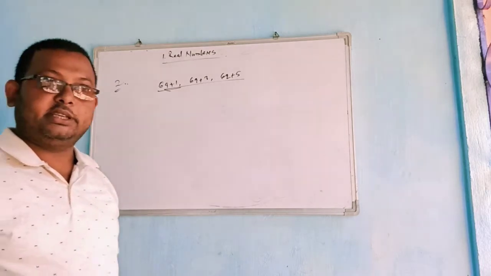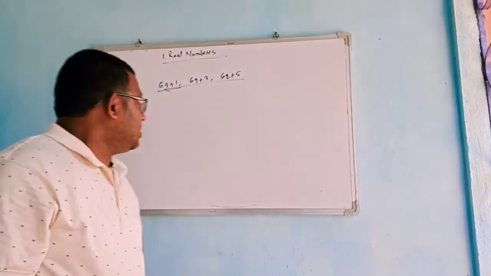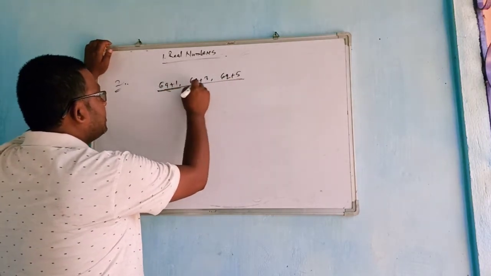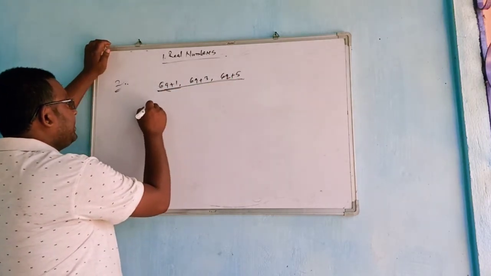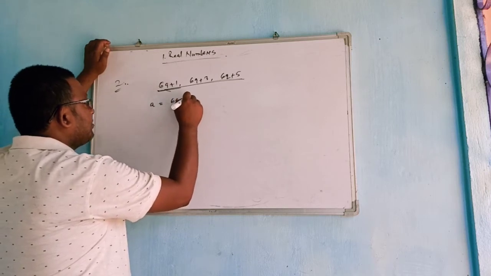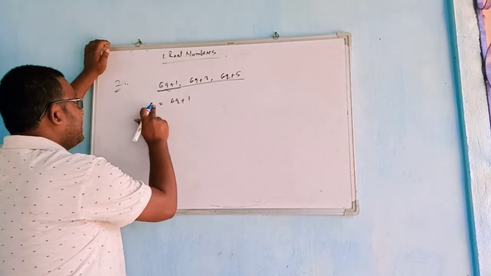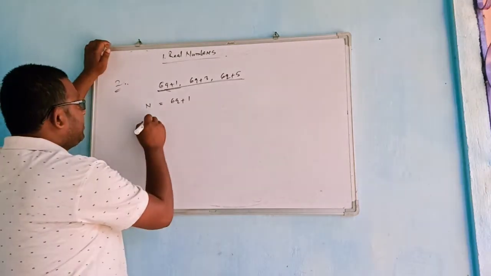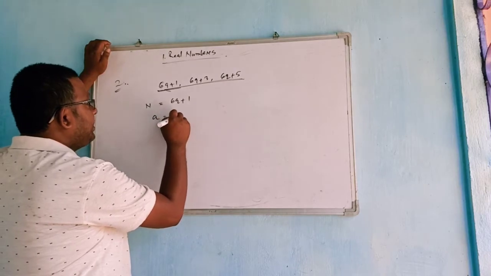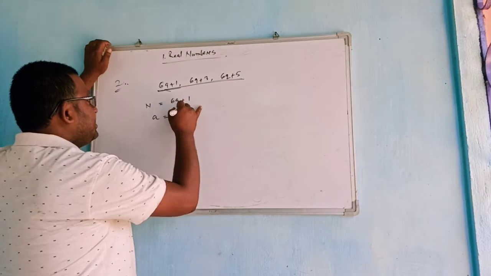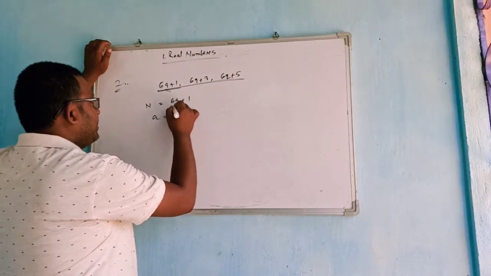Any odd positive integer. If you compare with Euclid's division lemma, we can write a equals bq plus r. Here q is an integer and 6 is another integer.